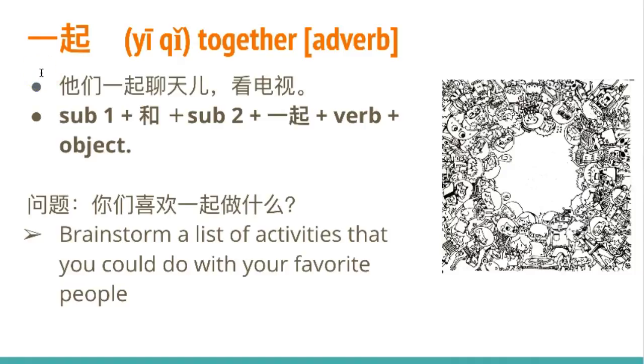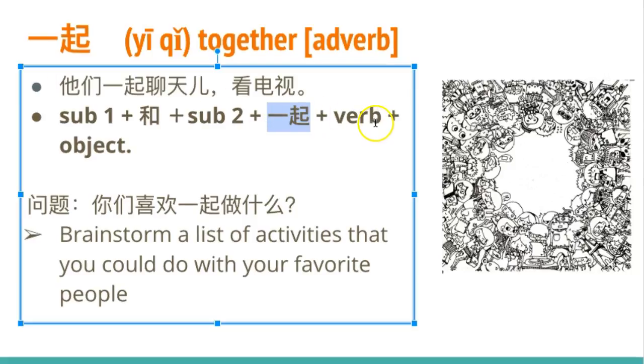一起 is not a verb, it's an adverb, which, if you recall our Chinese word order, adverbs go before the verb to describe it. So 一起 goes before a verb, and it also goes after a prepositional phrase, right?